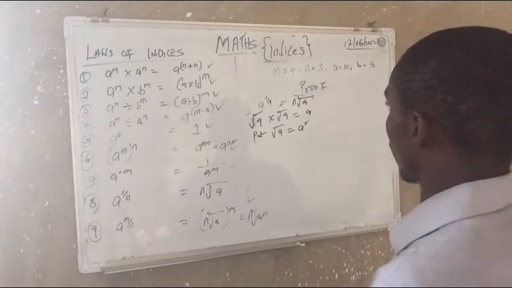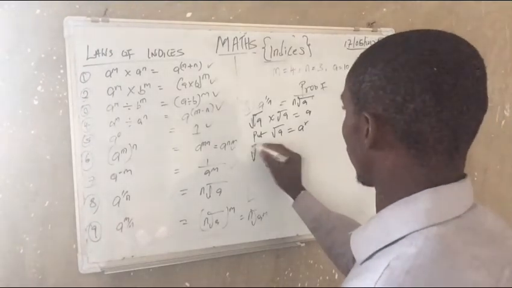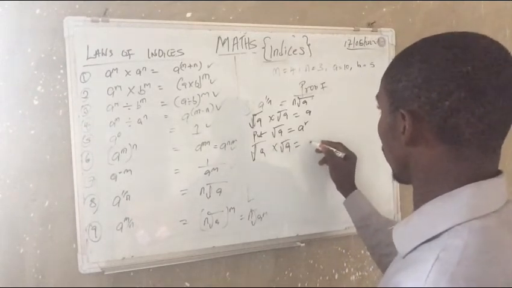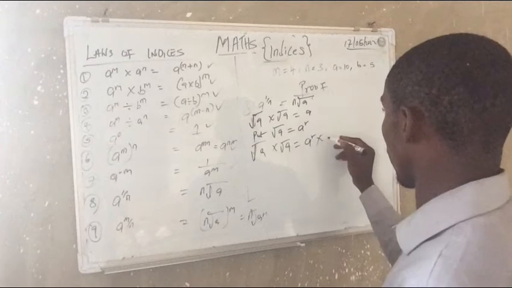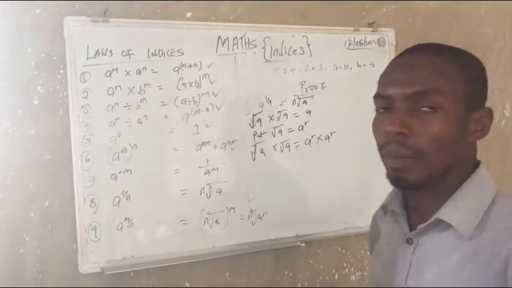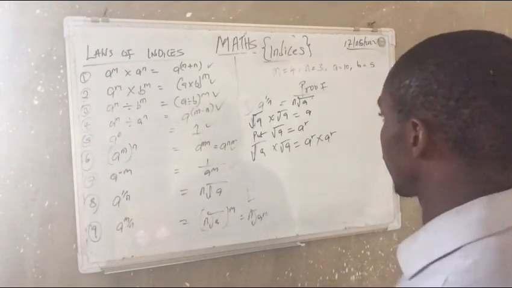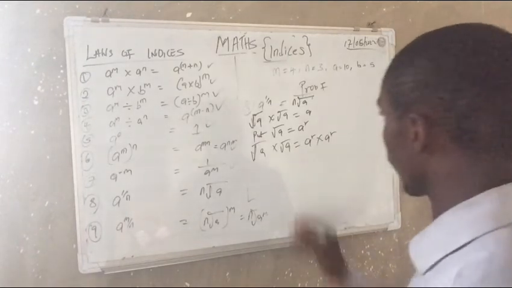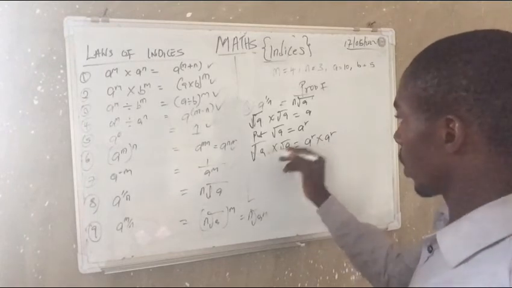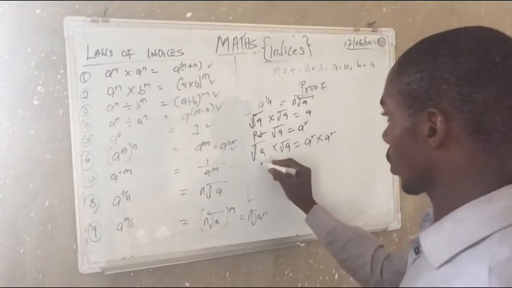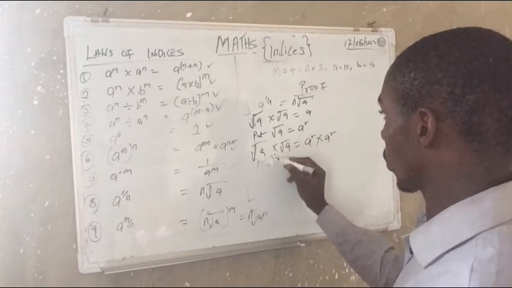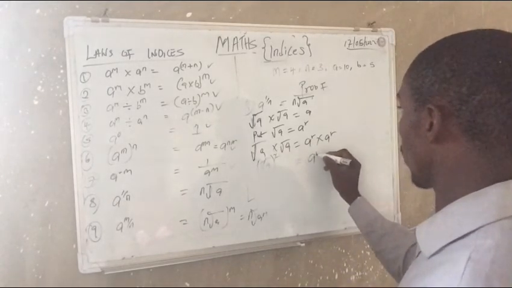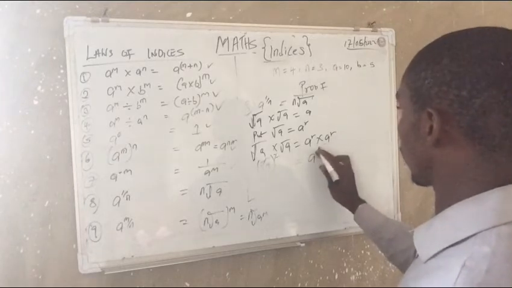So the next thing I will do here is root a multiplied by root a is equal to a raised to the power r multiplied by a raised to the power r. Here, root a times root a, of course, is root a all raised to the power 2, which means this will take care of this, and this is a raised to the power 2r.